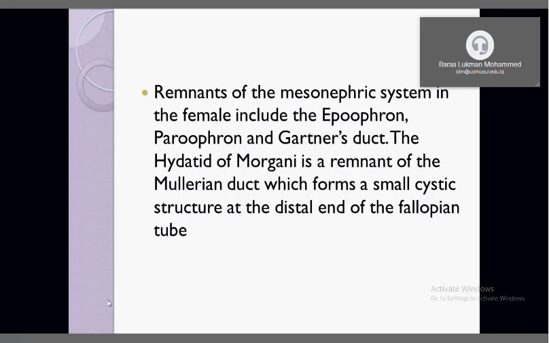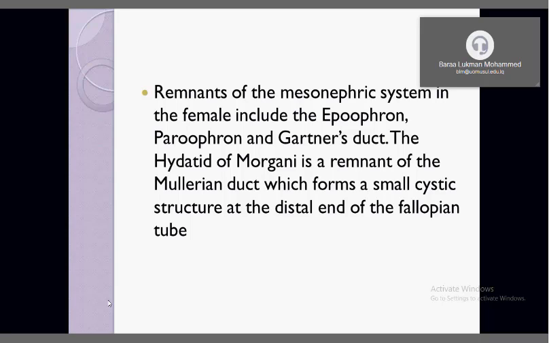Remnants of the mesonephric system in the female, as we said: with the absence of testosterone, the mesonephric duct or Wolffian duct in the female degenerates, but a remnant of a small part may remain. This is represented by the epoophoron, paroophoron, and Gartner duct cyst.